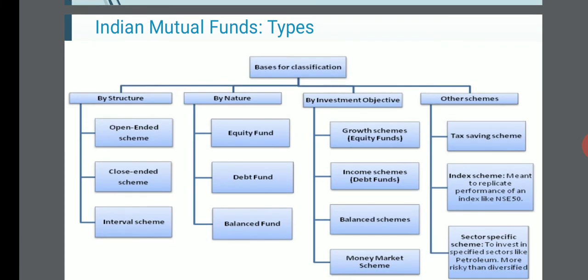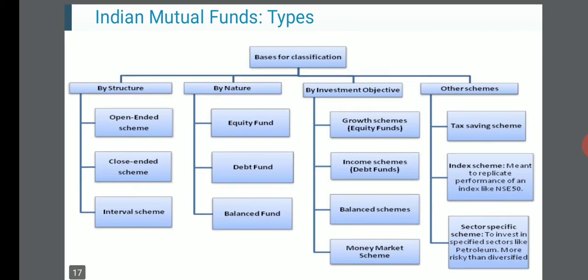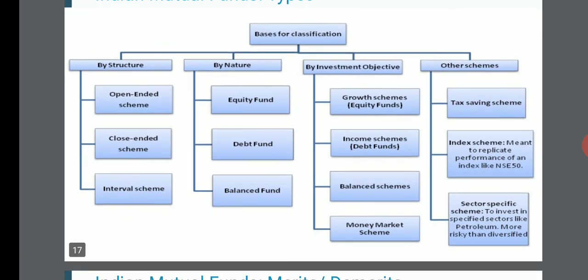By investment objective, growth schemes, equity funds, income schemes, debt funds, balanced schemes. So they are same as equity, debt, and balanced. And then we have money market schemes where you're investing in money market instruments like treasury bills, certificate of deposits, called money market. Other schemes are tax saving schemes, index scheme meant to replace performance of an index, and sector specific schemes.